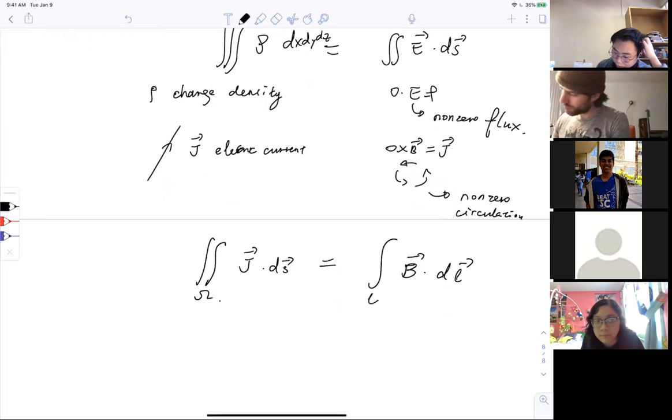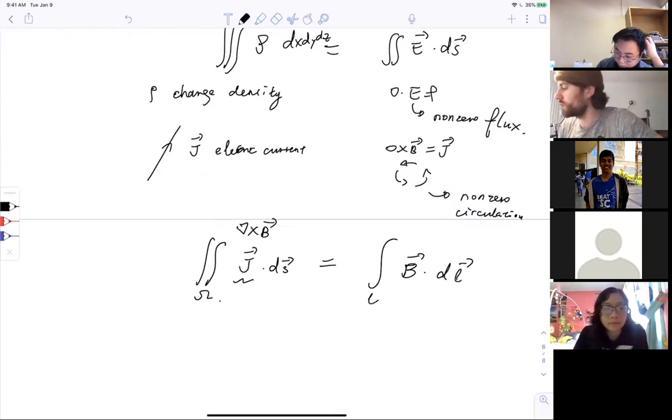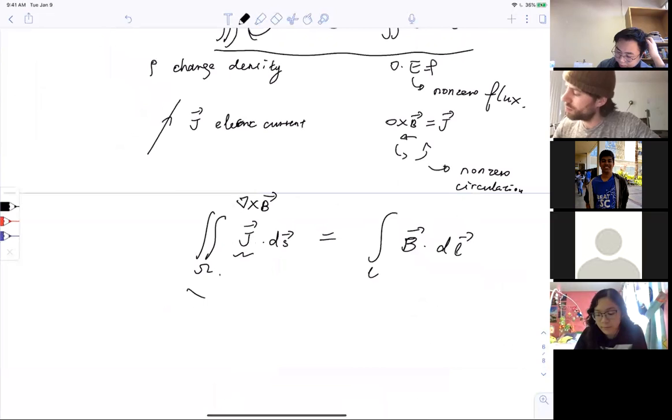And of course, you can write this current as del cross B. This rho can be written as del dot E. So this is known as Gauss's law. This is known as Stokes' theorem.